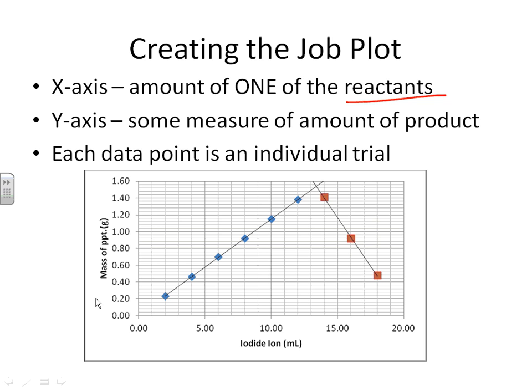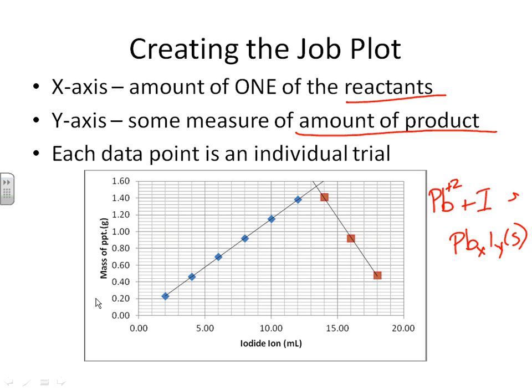Reactants on the x-axis, that's critical. On the y-axis, some measure of the amount of product. So the y-axis is where you're putting that amount of product that you're measuring about the reaction. In this particular reaction, it was lead plus iodide goes to a precipitate, and they were trying to figure out what the formula of the precipitate was.